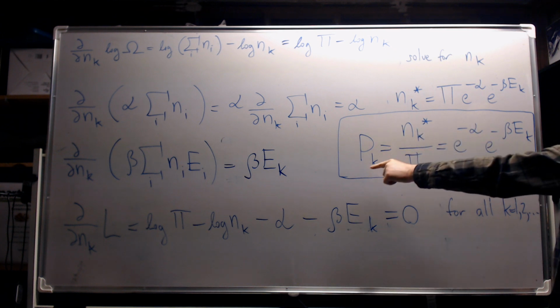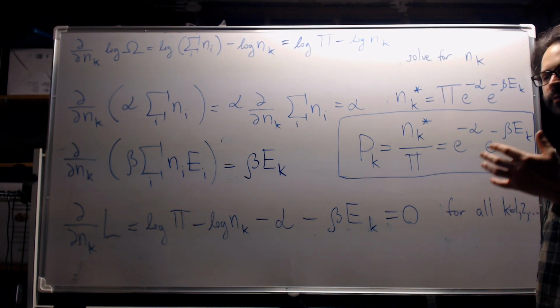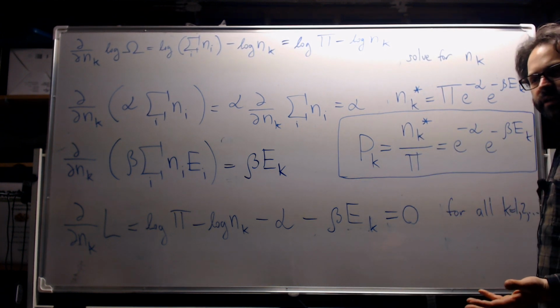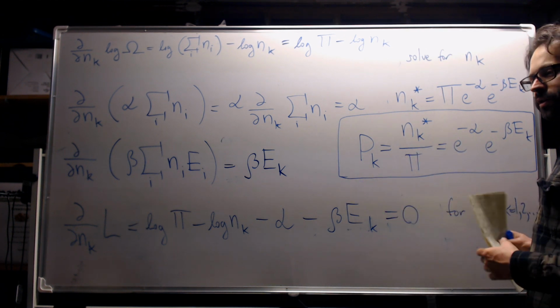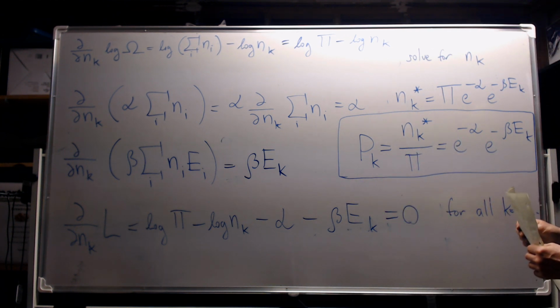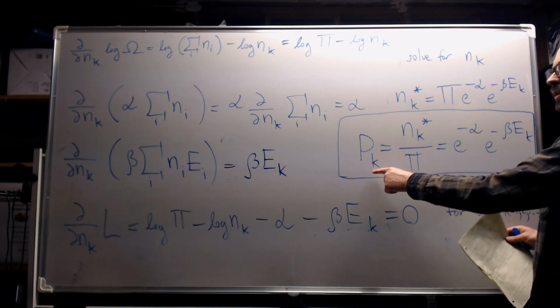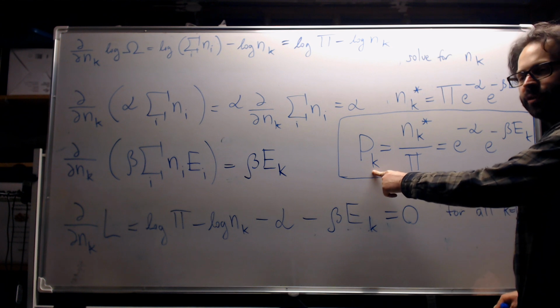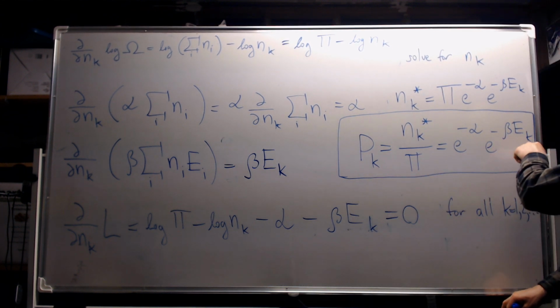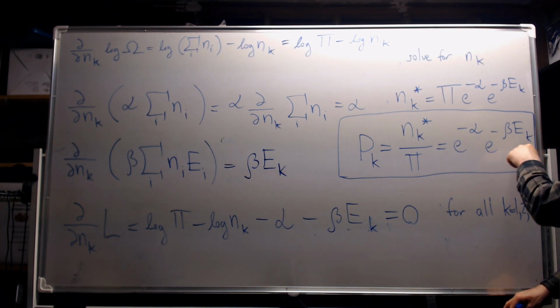And what we found is that the probability for a system with a constant N, V, and T in the canonical ensemble, a system in contact with a thermal reservoir, to be in any one of its microstates k is not the same for all microstates k. It depends on the energy of the microstate. And the larger the energy, the smaller the probability.